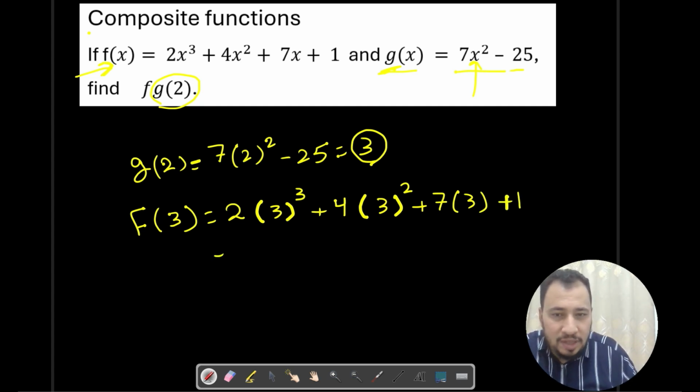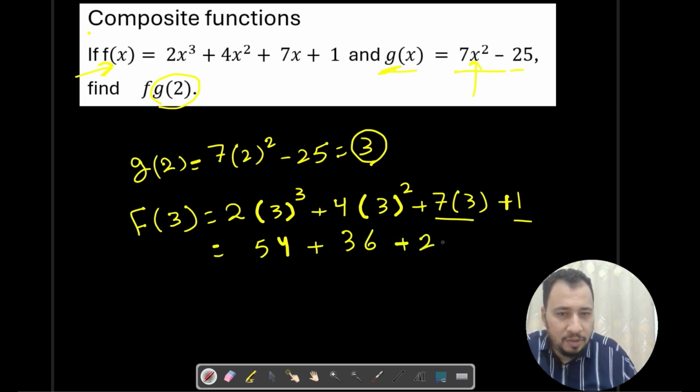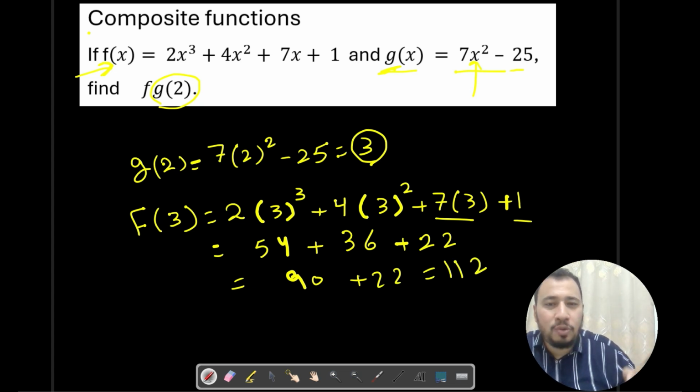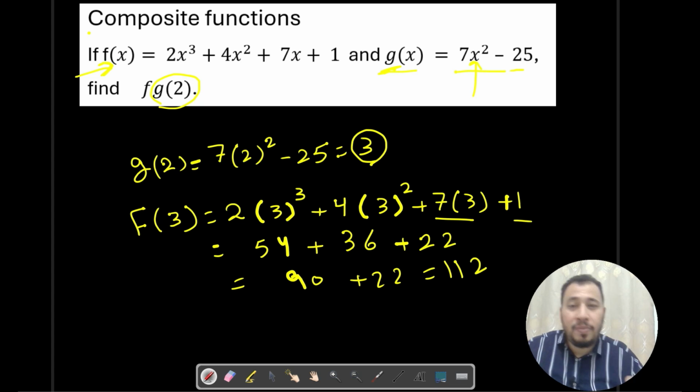After that, you can just do the calculations. 2 multiply 27 is 54, plus 4 multiply 9 is 36, plus 21 and 1, 22. So here is going to be 90 plus 22. It's going to be 112, and this is how to deal with composite functions.